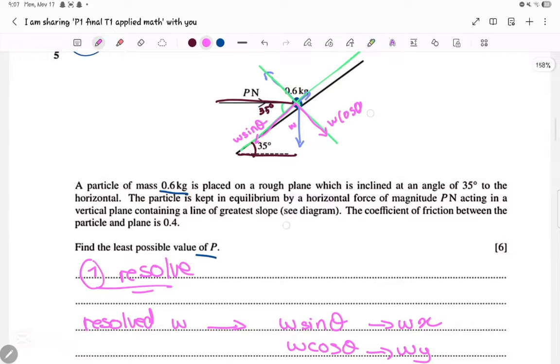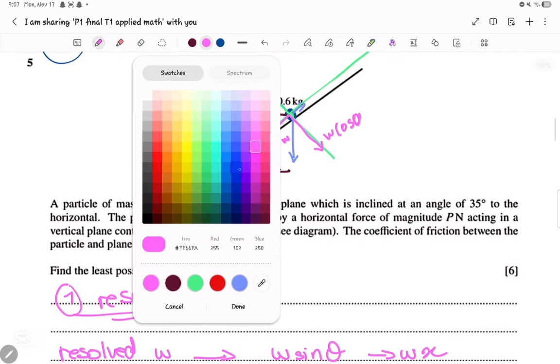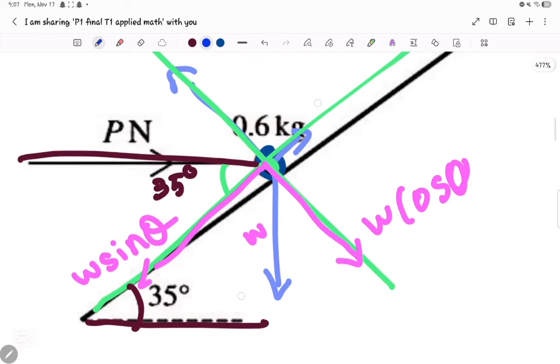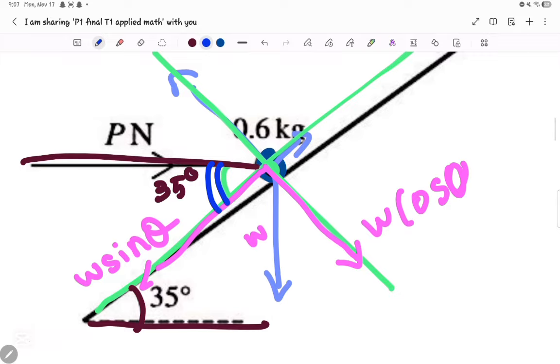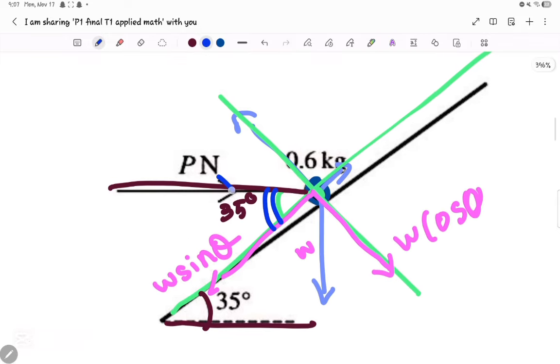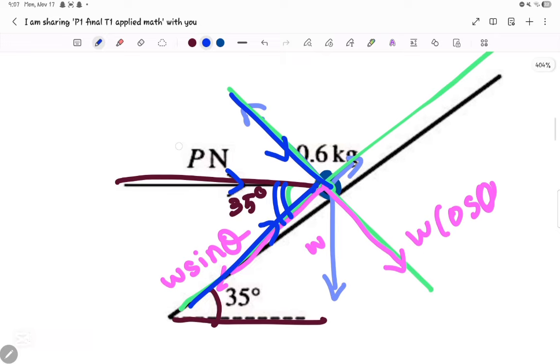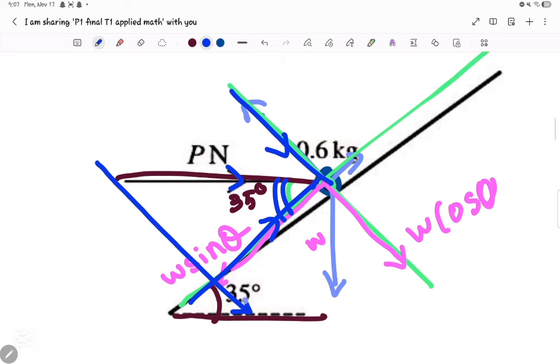Now, we need to resolve P. We have 35 degrees over here, and I can resolve it into something on the x-axis going in this direction, and something on the y-axis going in this direction. So I could take it as a triangle, right? This could be my triangle over here.